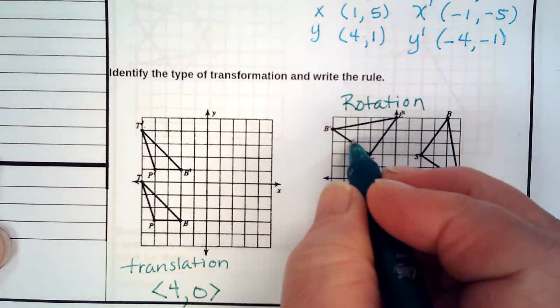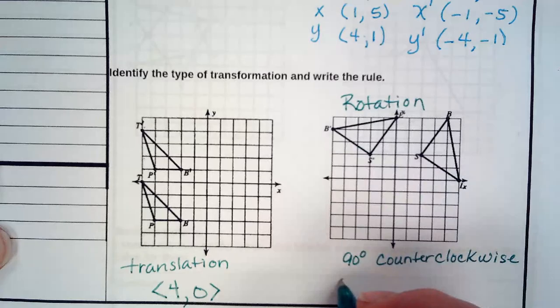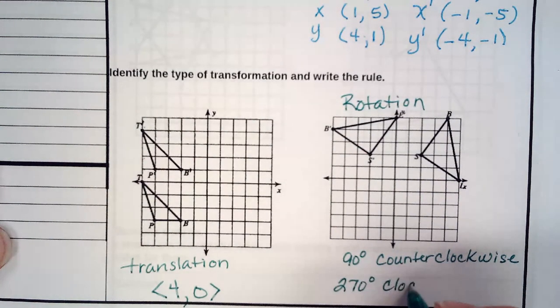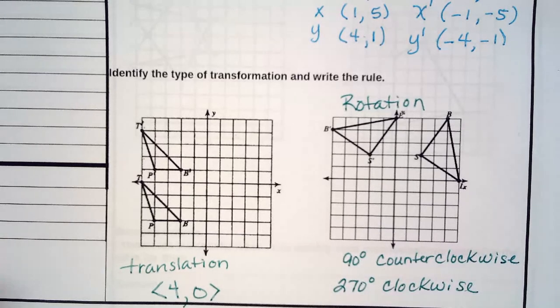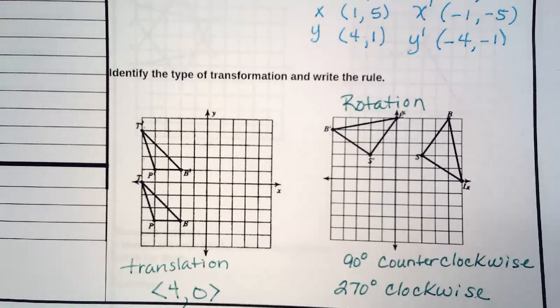I could go 90 degrees counterclockwise or 270 degrees clockwise. Both will end up at the same spot. Okay, if you have any questions, back the video up.